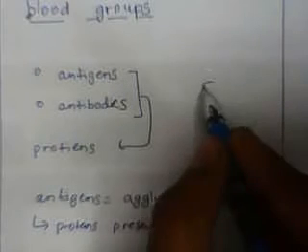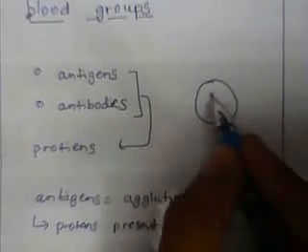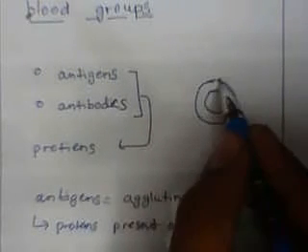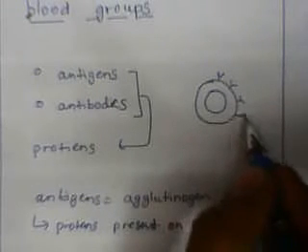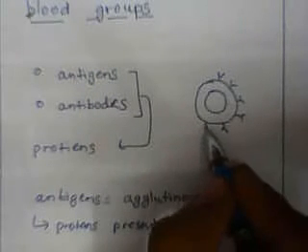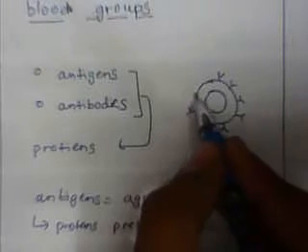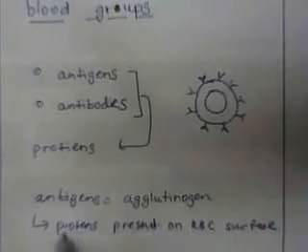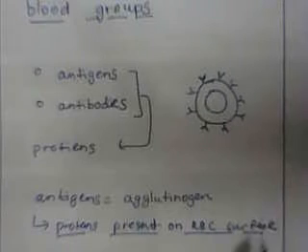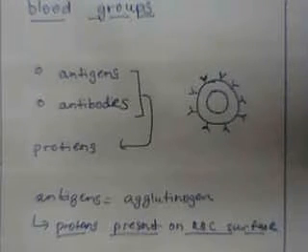You know what RBCs are like, spindle shaped, and so this is an RBC. Then on the surface you have these kind of antigens, also known as agglutinogen. So these are the proteins present on the red blood cell surface.